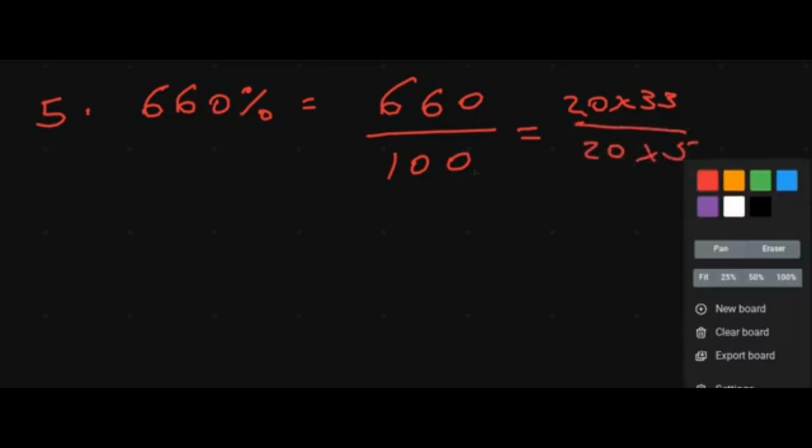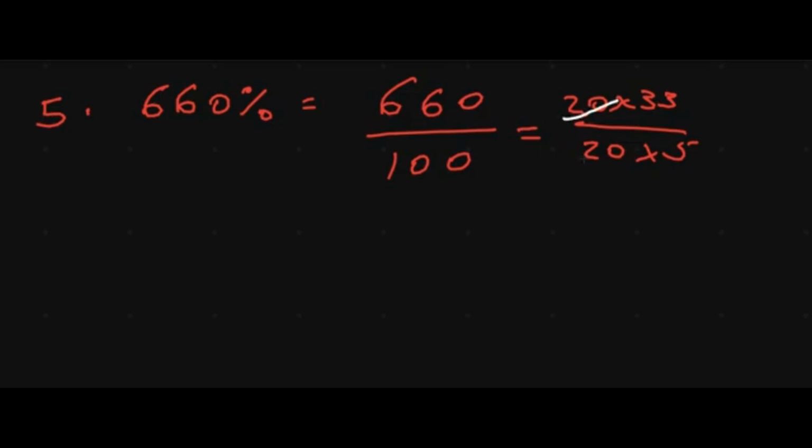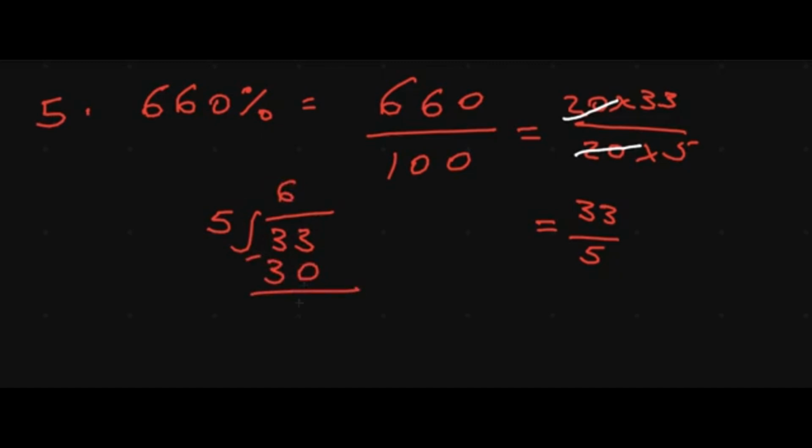So 20 can be cancelled by 20, and the result will be 33 over 5. 33 divided by 5 is 6 times. 6 times 5 is 30. Subtract, 3. So this will be 6 and 3 over 5. So 33 over 5 is 6 and 3 over 5.